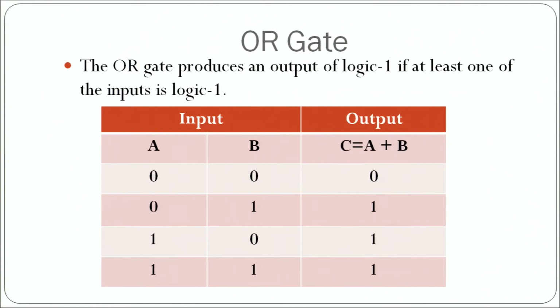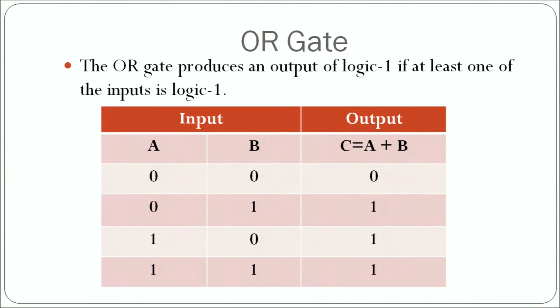If you add 0 plus 0, it would be 0. If you add 0 plus 1, it would be 1. If you add 1 plus 0, it would be 1 again. And if you add 1 plus 1, now as I was telling you, what happens in binary is that 1 plus 1 is 1 in OR. Mind it that only in OR we are doing 1 plus 1 equal to 1.